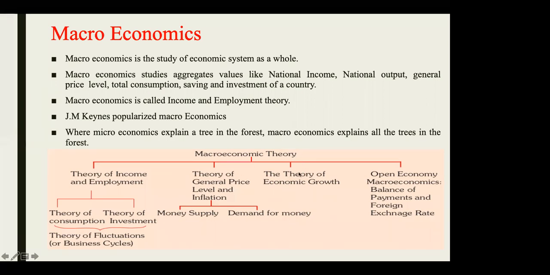And for theory of economic growth, there are theories given by Harrod-Domar, Kaldor's model, and neoclassical models by Solow and Swan. And the fourth component is open economy, where we deal with balance of payments and foreign exchange rates.